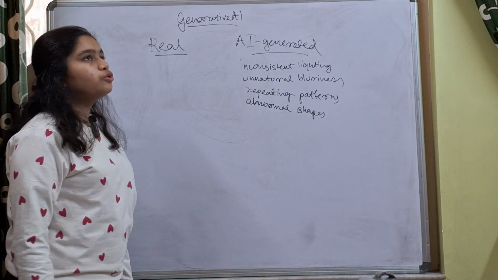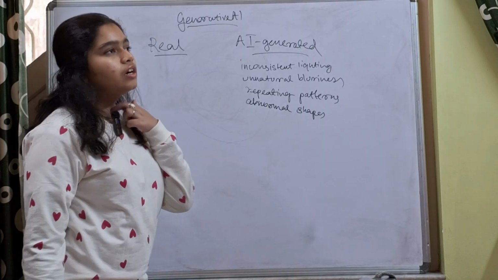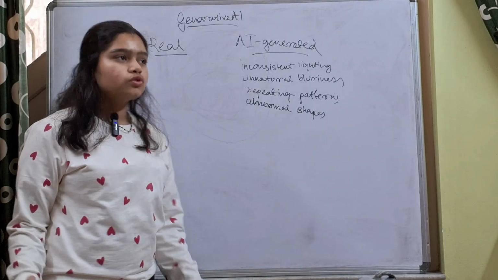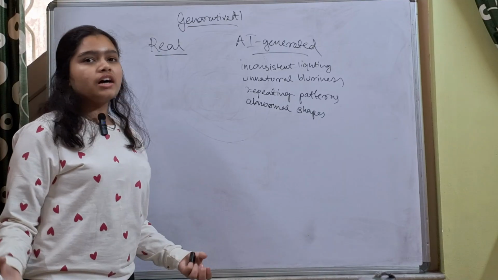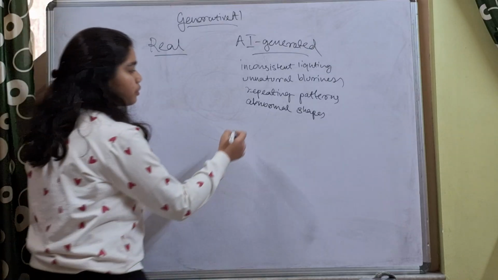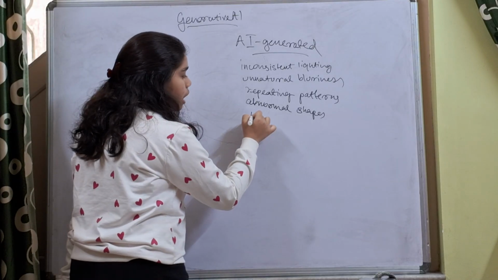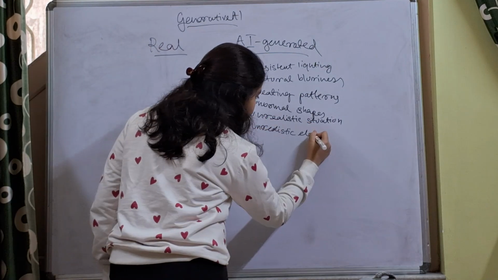Usually, the prompts that people write to generate an AI image are things like a cat is dancing. By that you can understand that in the real world, no cat dances like that. So you can tell it's an unrealistic situation with unrealistic elements.